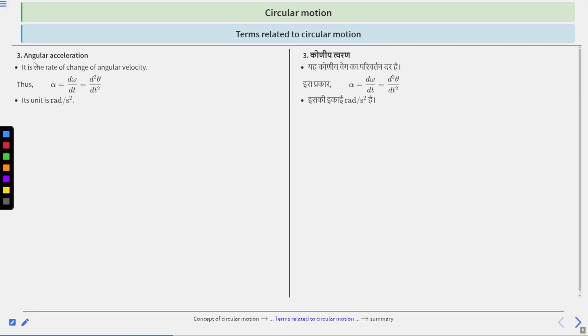Third term is angular acceleration. It is the rate of change of angular velocity. Clear? So alpha is the angular acceleration, which is equal to d omega divided by dt, equal to d square theta divided by dt square, and its unit is radian per second square.